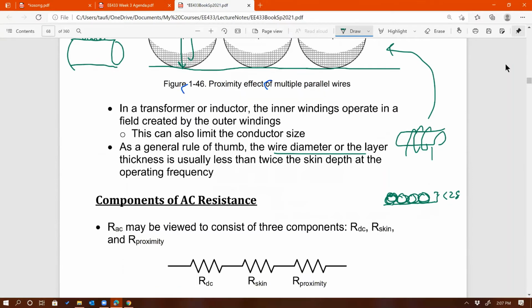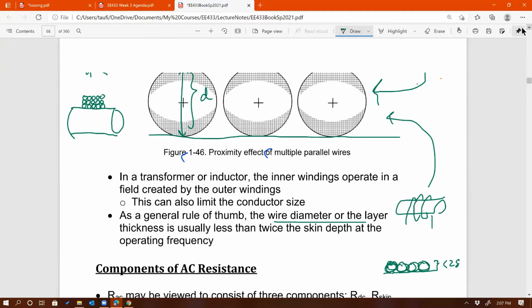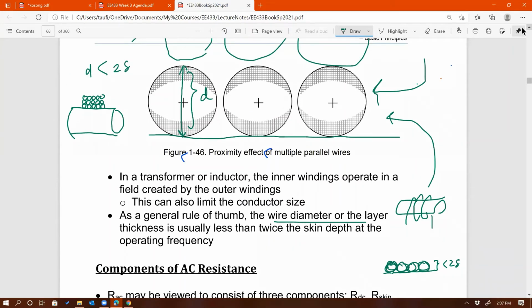Does that mean with higher frequencies, like you mentioned, we have smaller skin depth? Because we can't really physically change our wires, does that mean that we have physical limitations too? Well, you choose the wire after you know what the operating frequency is, right? One of the parameters typically when you're designing an inductor is you ask, what is the operating frequency of the inductor?